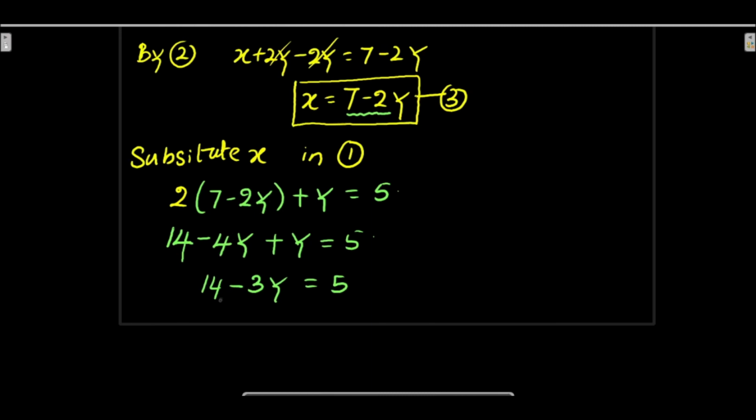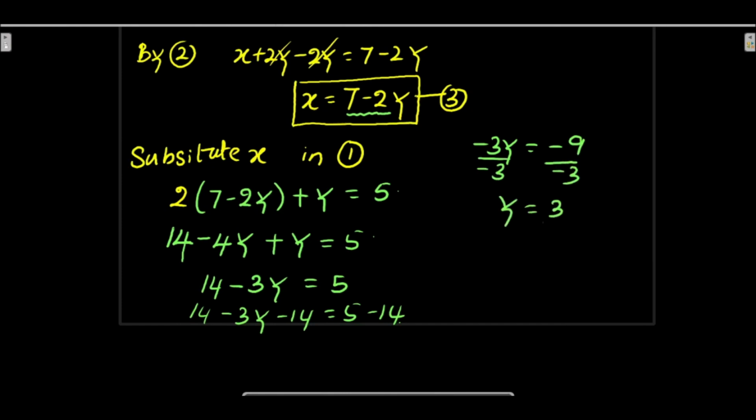First I have to remove this 14. I have to put here 5 minus 14. So minus 3y equal minus 9. Then divide either side by minus 3, then y equal plus 3.